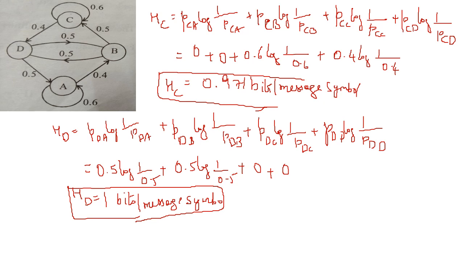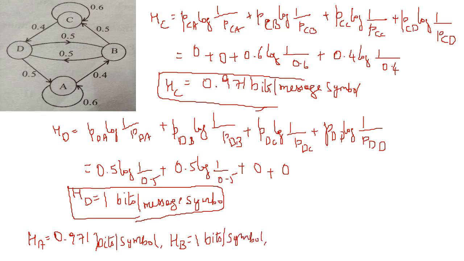Hence we can write the state entropies are HA equal to 0.971 bits per symbol, HB is equal to 1 bits per symbol, HC is equal to 0.971 bits per symbol and HD is equal to 1 bits per symbol.